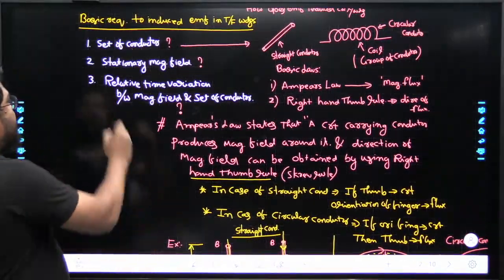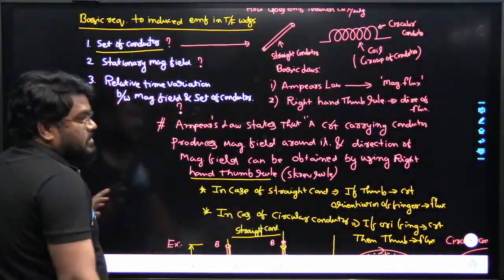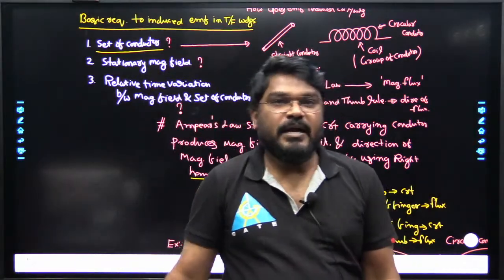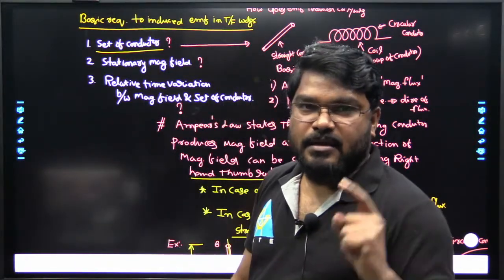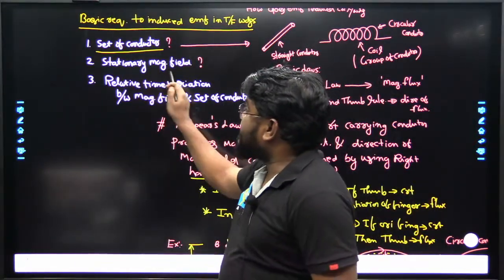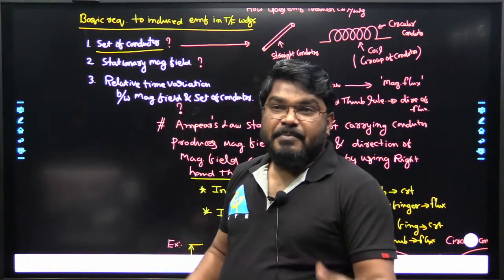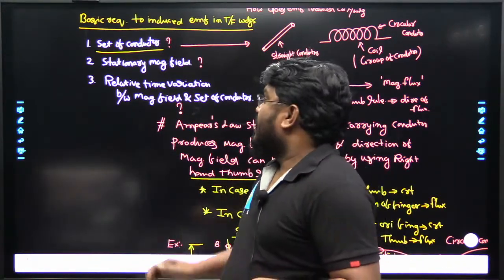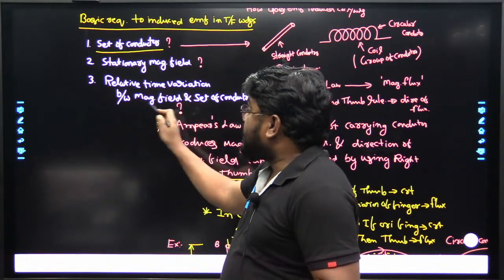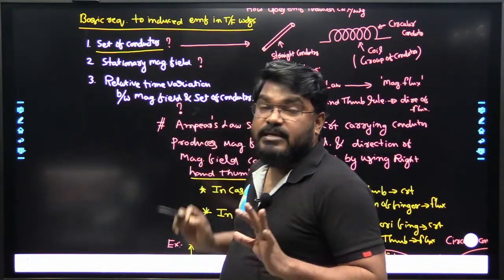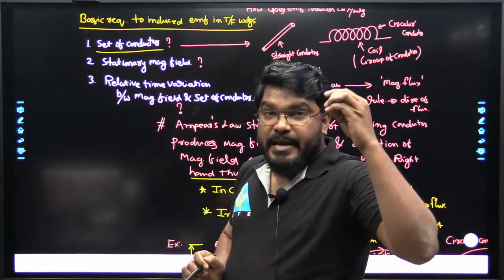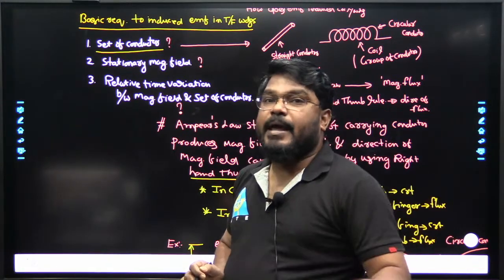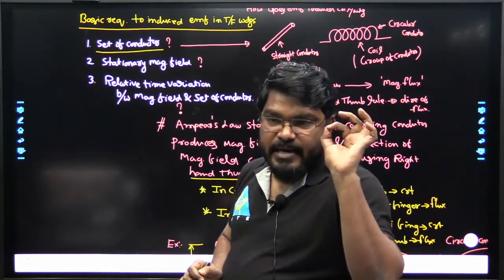Now we have a question. The set of conductors, that is the group of conductors, am I right? Next, a stationary magnetic field, that means the speed of the magnetic field is equal to 0. And there is relative time variation between the magnetic field and the set of conductors in every cycle of the supply, in each time period.